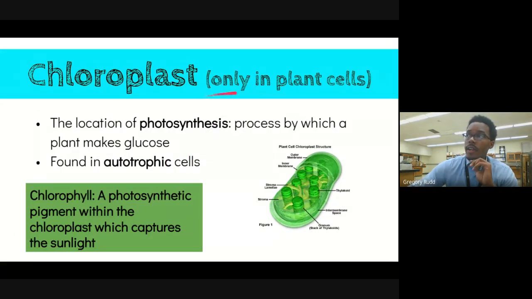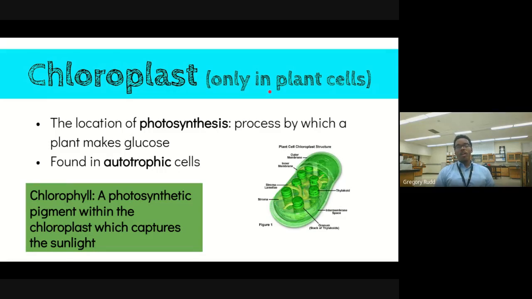Chloroplast, these are another organelle that only appear in plant cells. And the reason for that is that chloroplasts are the location of photosynthesis. So animals do not need to do photosynthesis because we eat food. That's how we get our glucose. But plants do not eat. So they need to make their own food.